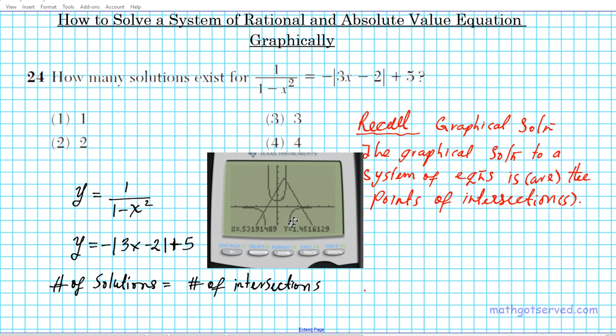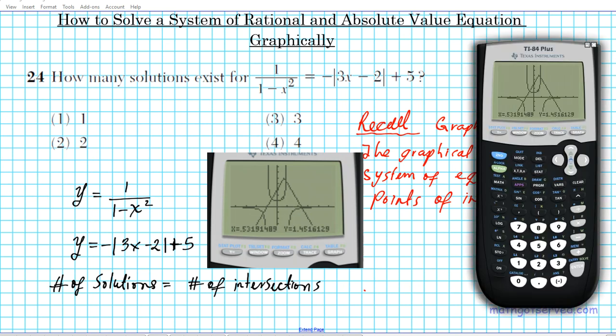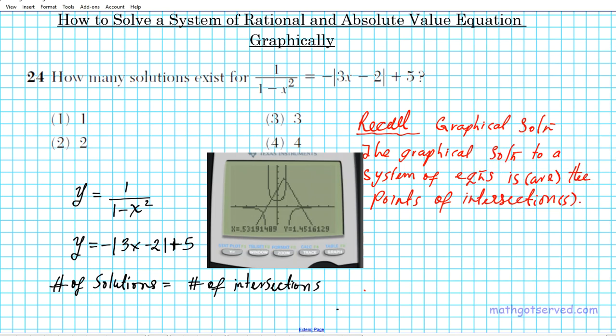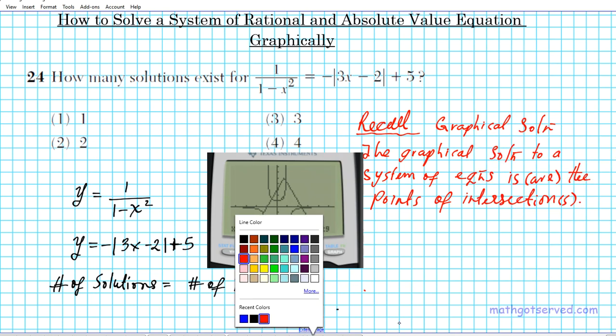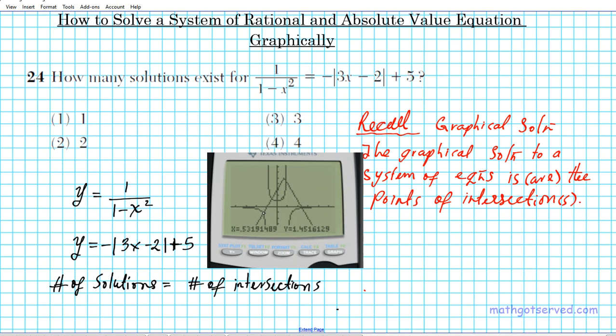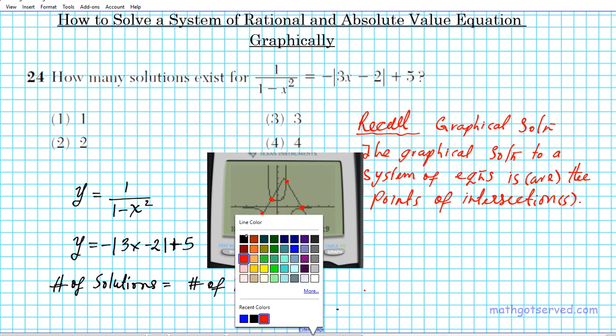I just took a snapshot of the region we just graphed. We're looking for the intersections. Do you see the intersections between the two functions? You have one intersection here, 2, 3, 4. What does that tell us? We have 4 intersections, which automatically means we have 4 solutions.